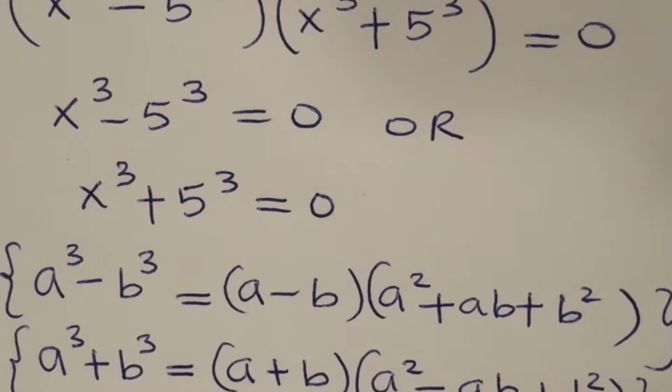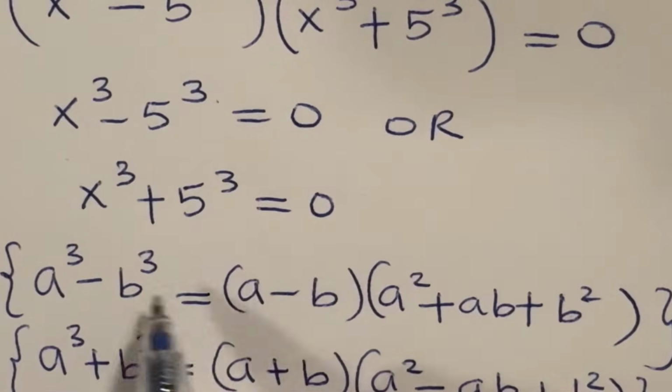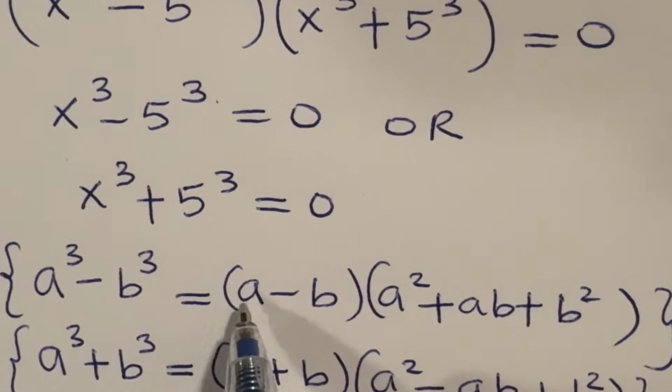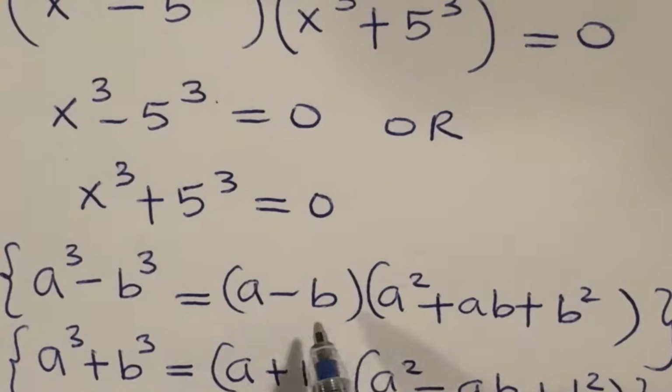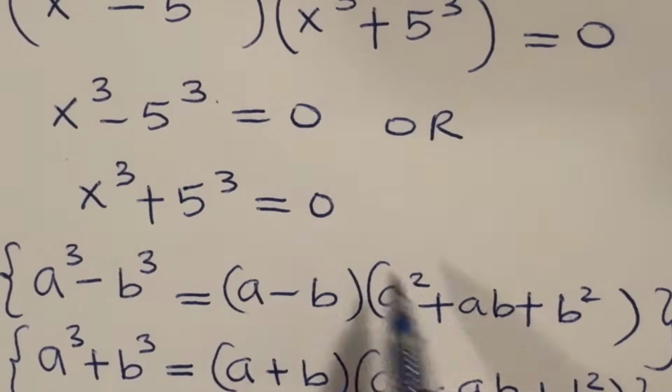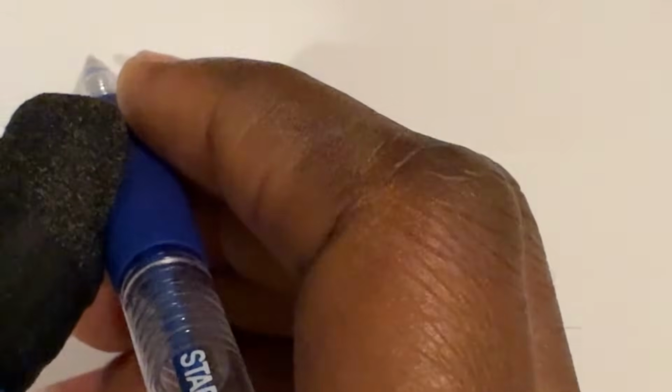So let us go for the first one, x raised to power 3 minus 5 raised to power 3. We express it in this form. So our a is x raised to power 3, our b is 5 raised to power 3. We'll substitute that into this expression and equate it to 0. So we have x raised to power 3 minus 5 raised to power 3.